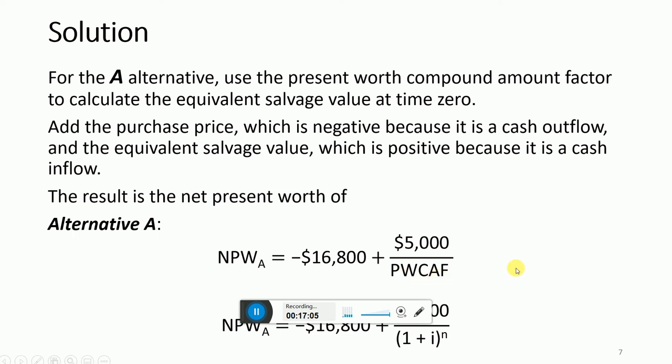If we refer to equation B, F is the future value, and the factor is 1 plus i, the interest rate, whole power n.